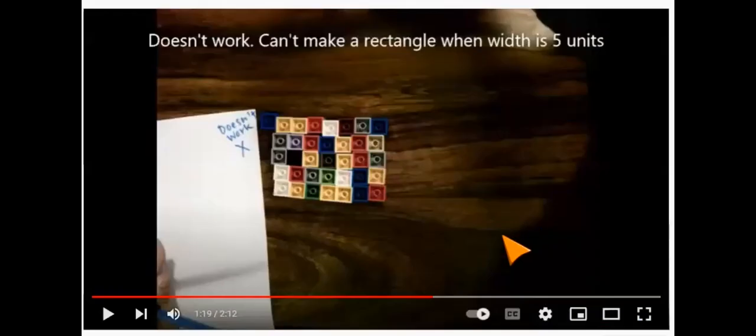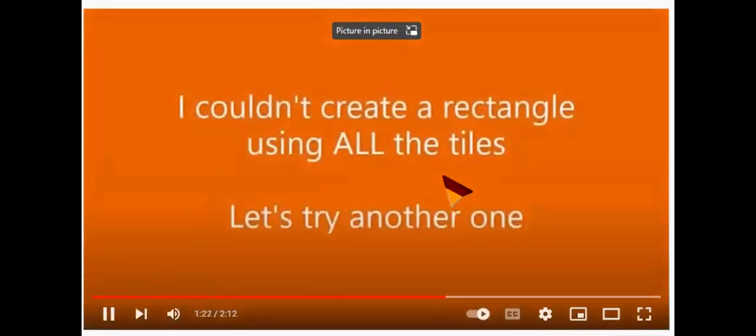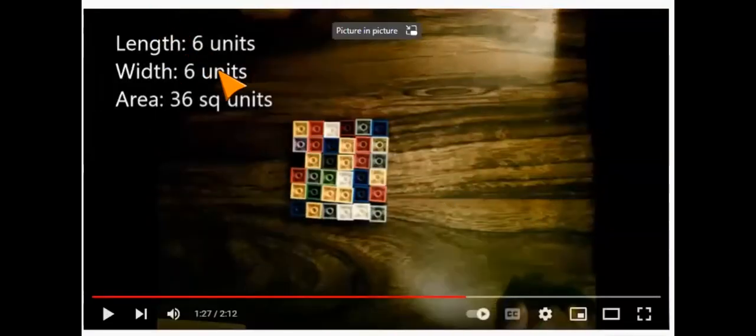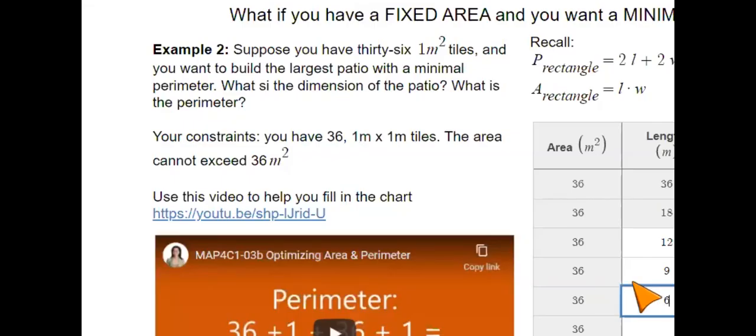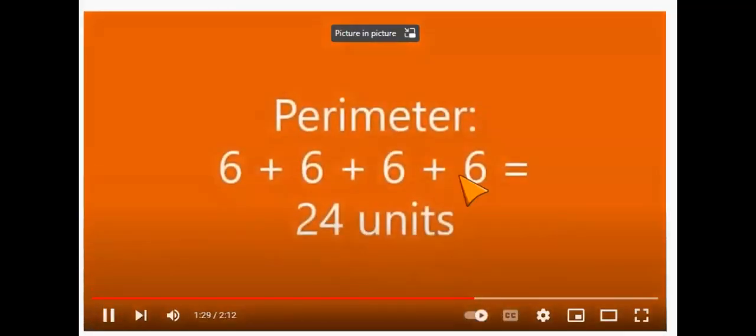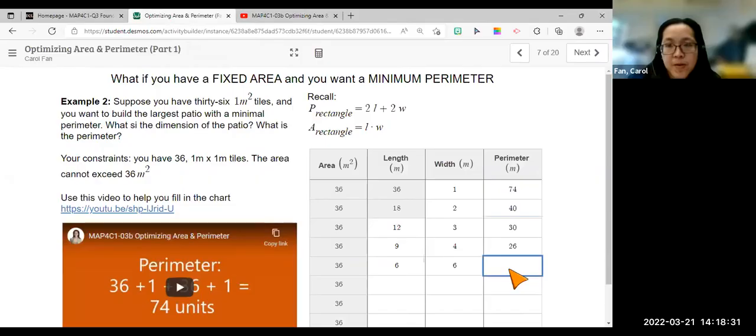All right, let's try another one then. This one I now have 6 units and 6 units. I have a perimeter of 24, and I got that by 6 times 2 plus 6 times 2.